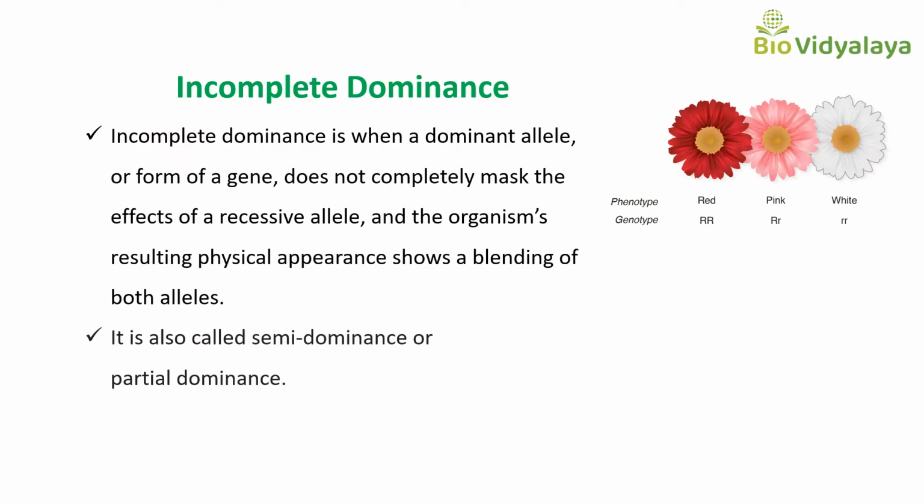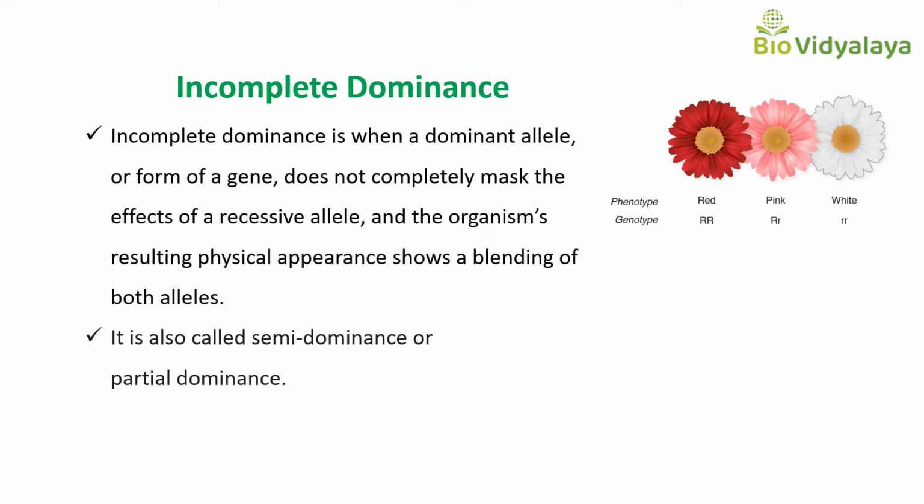In our previous lecture videos, we discussed Mendel's principle of inheritance. If you didn't watch that video, the link is in the description box below. Please go through that. We know that Mendel did all his experiments in pea plants.